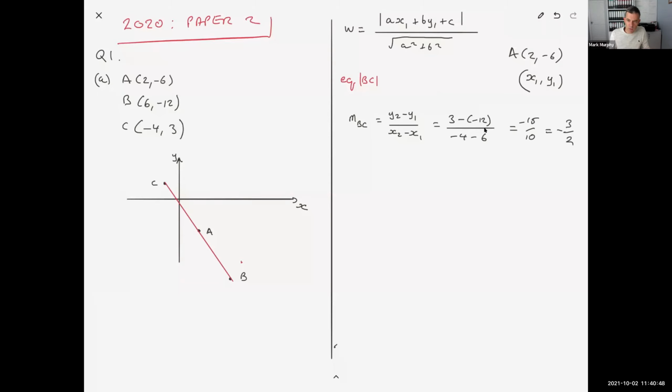And do you remember the more general form of the equation? Remember we wrote down y minus y1 is equal to m into x minus x1. Remember that? You just fill in those values. So y minus y1, which is minus 12, so it's plus 12, equals the slope, which is minus 3 over 2, times x minus 6, right?